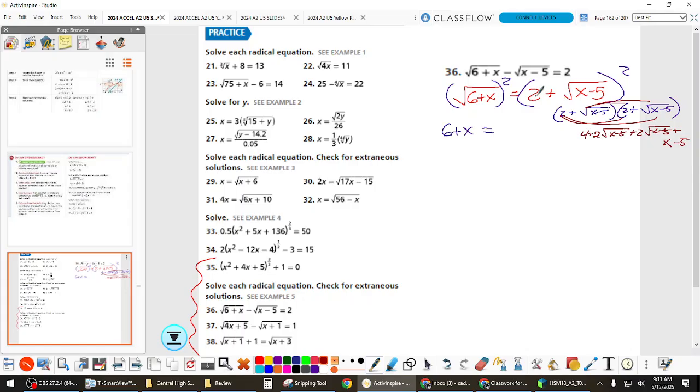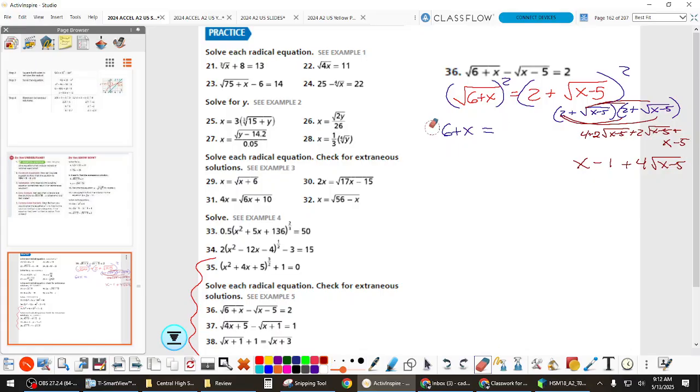Think if the original problem said plus root x minus 5, so then we subtract it and it's minus. But what's still going to be true when we multiply it by itself? It's always going to be positive, right? Because we're squaring it, so you don't need to worry about parentheses. Okay, so we can combine the 4 and the negative 5, and of course the x stays out front. So we get x minus 1 plus 4 root x minus 5. Everybody good on that?